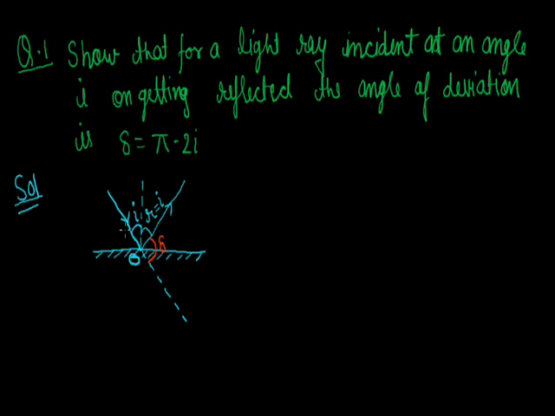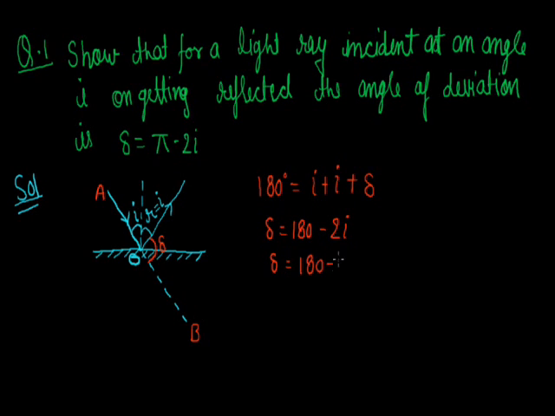Now, it is clear, if I write here A and here B, then angle AOB is 180 degrees and it will be equal to the sum of I plus this delta. So delta will be 180 degrees minus 2I, or you can say delta will be 180 minus 2R, because I equals R from the laws of reflection.